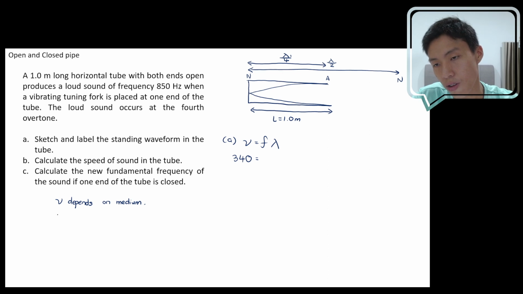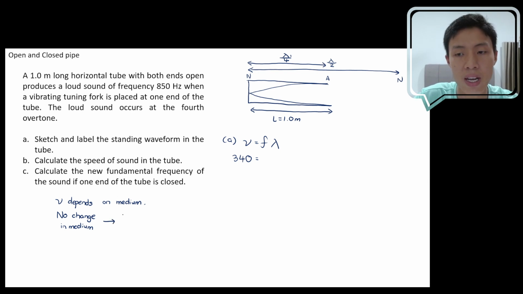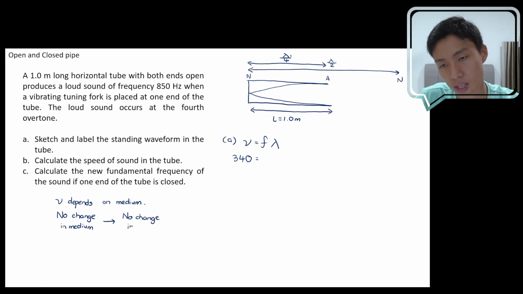If there's no change in medium, if you're not replacing atmospheric air with helium gas, then there'll be no change in V. If you do nothing to the medium, you don't change the gas, you don't heat up the gas, you don't pressurize the gas, and it's still the same atmospheric air as just now, then technically your V should not change.